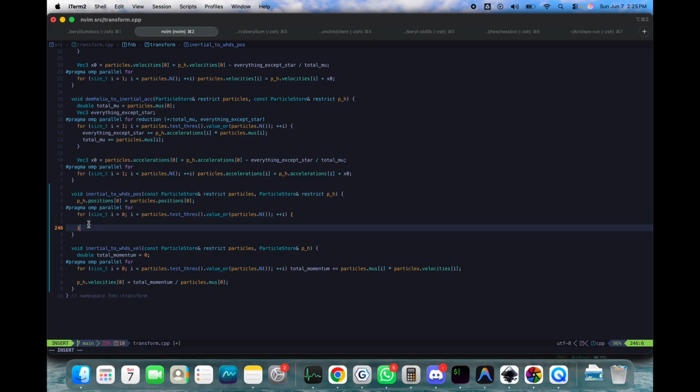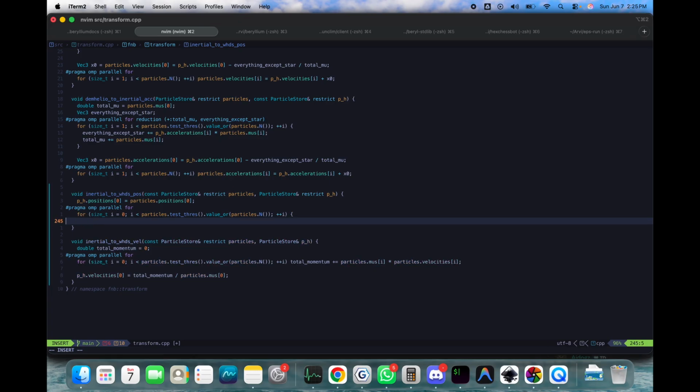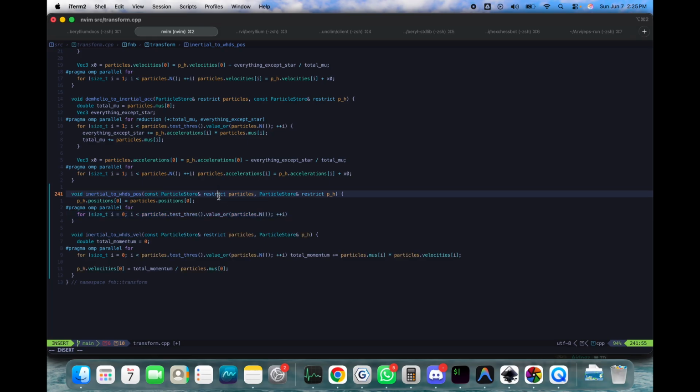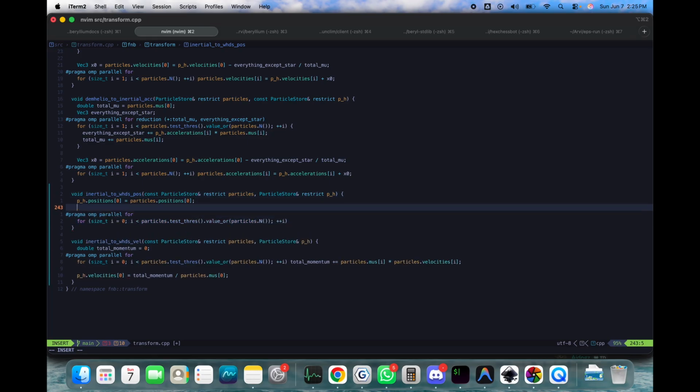And what we do is we first cache this just in case, like vec3 star pos equals pH dot positions index 0.